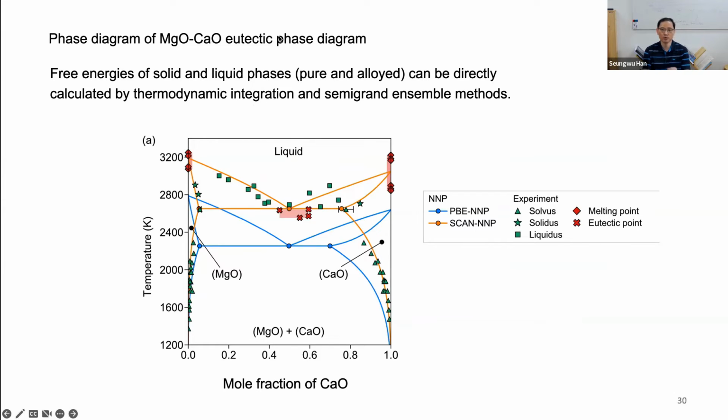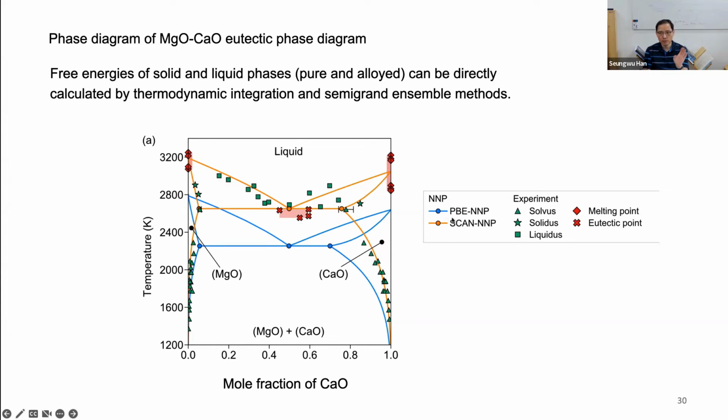This is one of the most archetypal eutectic phase diagrams. The various symbols indicate the phase lines that were identified by the experiment. Okay, and this is a melting point, and this is a liquidus line, a solidus line, and a solvus line. Now the simulation, by directly calculating the free energy, you can obtain all this phase boundary.